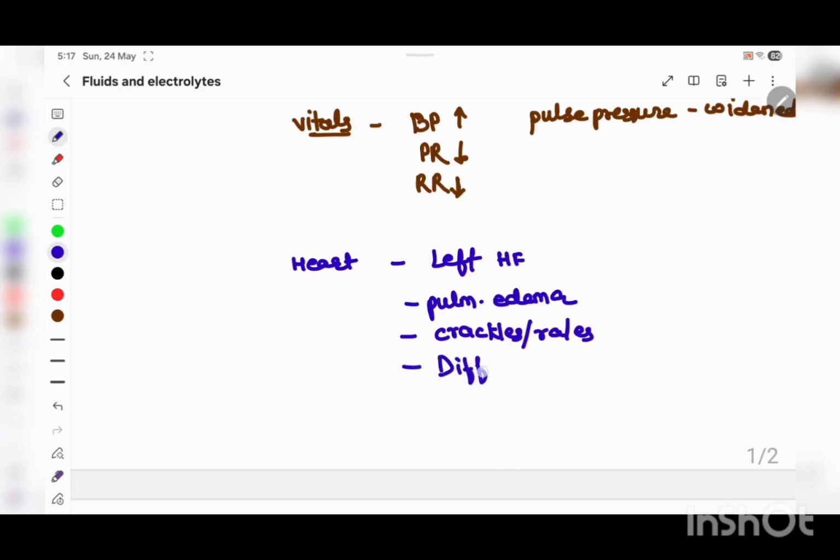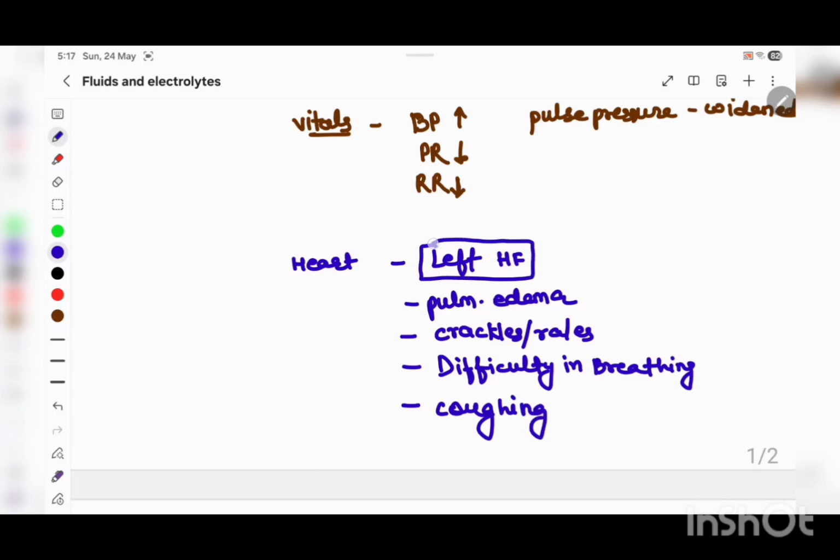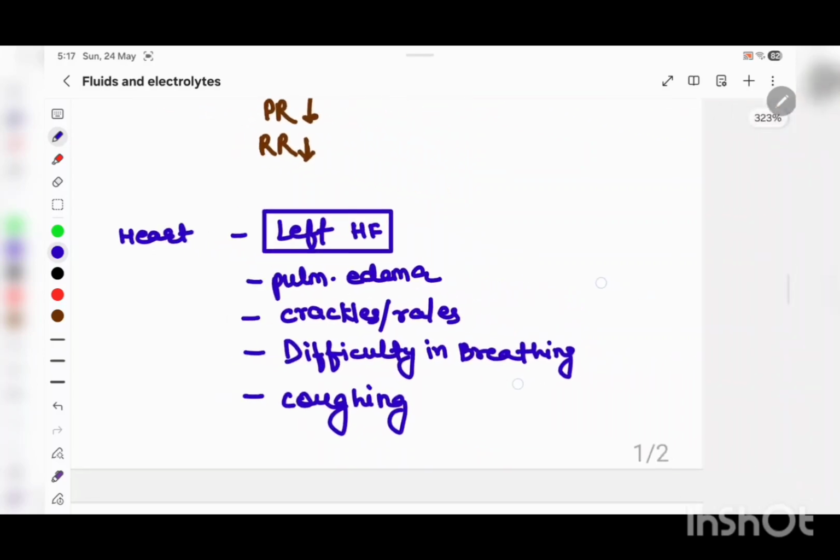There can be difficulty in breathing or shortness of breath. Patient will complain of shortness of breath in left side heart failure or left side heart congestion. And coughing can also be there in left side congestive heart failure.